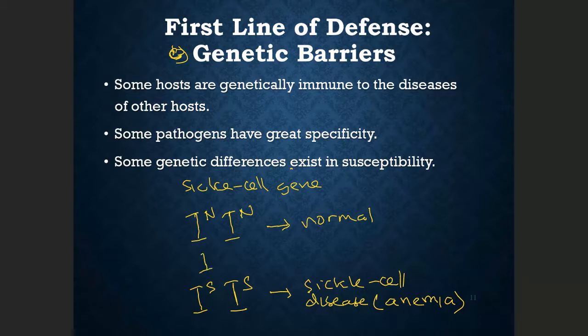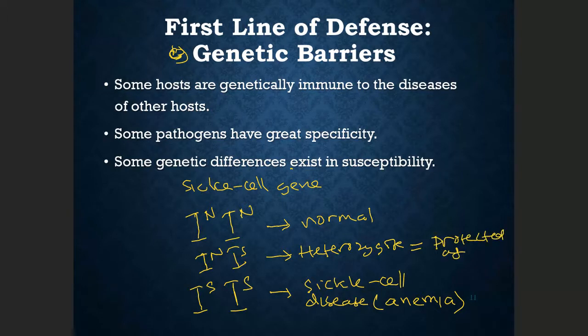But if they combine, let's say like this, this one is heterozygote. This person is usually protected against malaria.